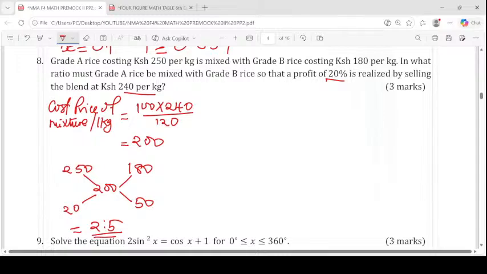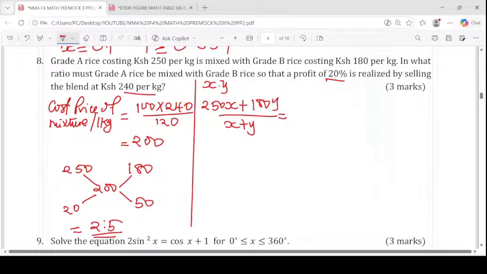Or let me show you another method. Method 2, I can say let the ratio be x is to y. I can take 250 times x plus 180 times y over the total ratio x plus y. This should give me the cost price of the mixture, which is 200.